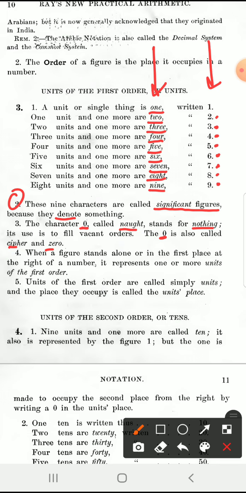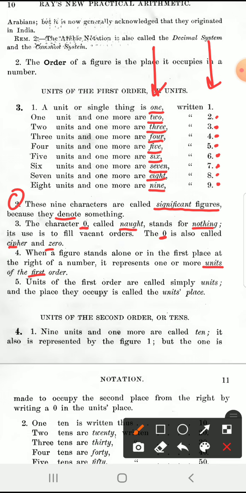When a figure stands alone or in the first place at the right of a number, it represents one or more units of the first order. When a figure stands alone or in the first place on the right-hand side of a number, make sure you know what the right-hand side is.